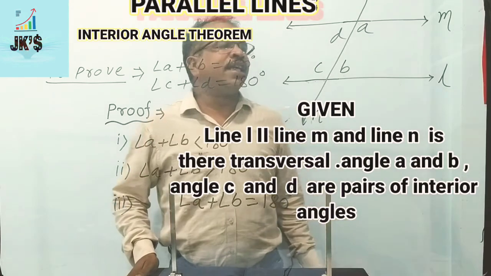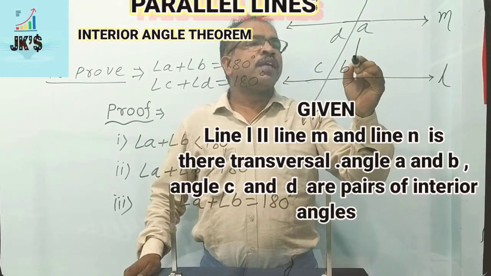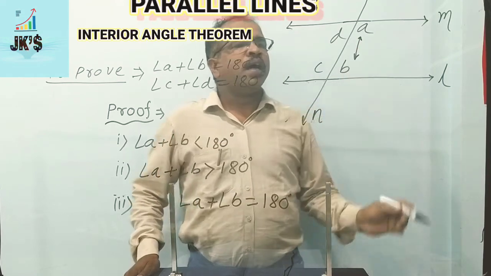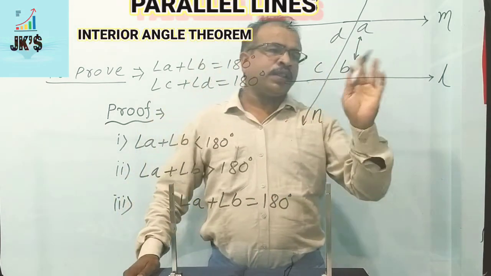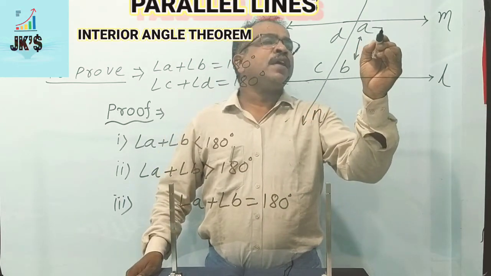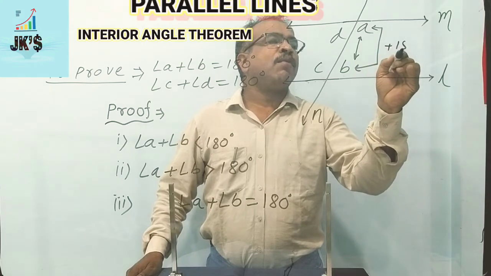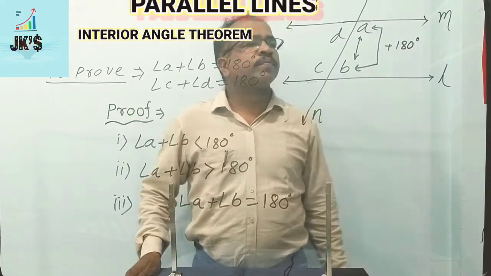Which are the interior angles on either side? We have to consider angle A and angle B as interior angles on one side, meaning they are supplementary. Angle A and angle B are supplementary, meaning their sum is 180.